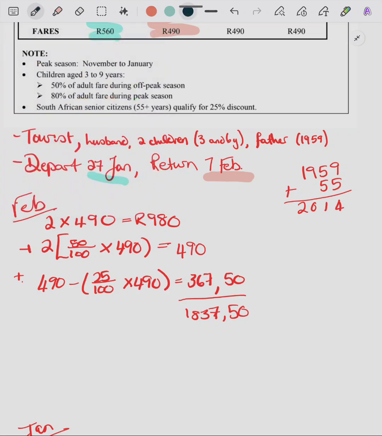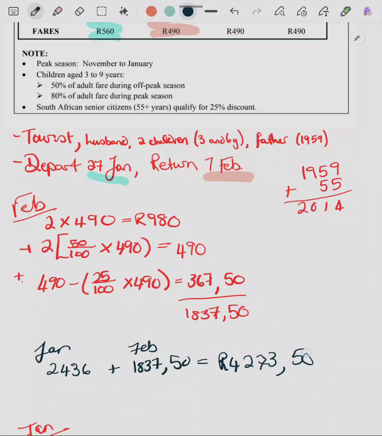The January of 2436 plus the February of 1837.50 gives me my total cost of 4273.50. Okay. And that was quite a long question, but it was also with quite a lot of marks there.